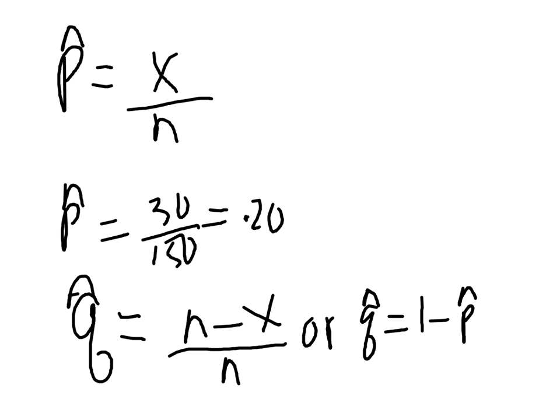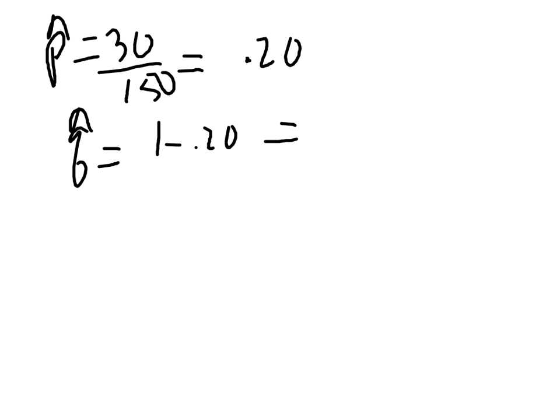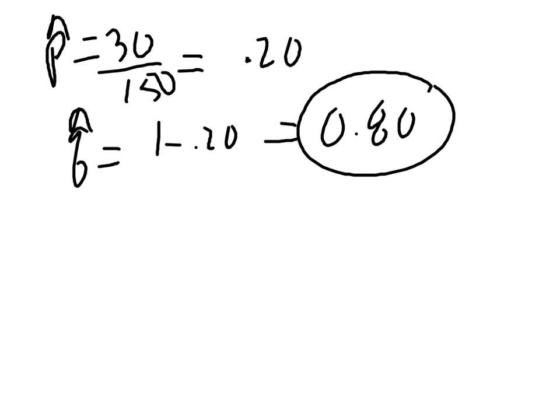So let's go back and use this example again. You can use their example also if you like, but I said that p hat was equal to 30 out of 150, and that of course would be equal to 0.20. We could quickly find q hat by going 1 minus 0.20 and getting 0.80. That's the simplest and most direct way to find it.